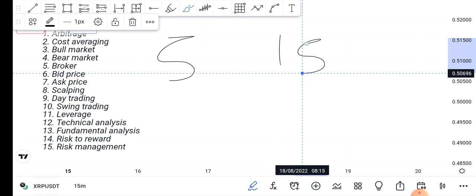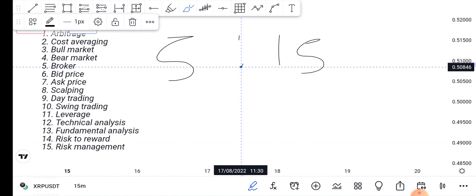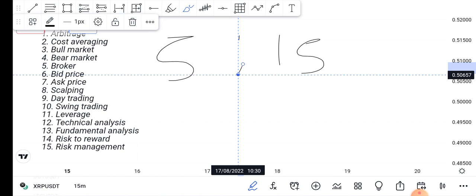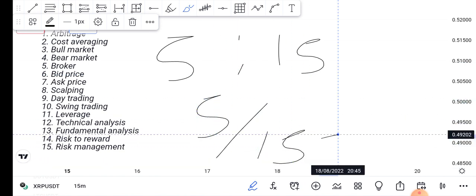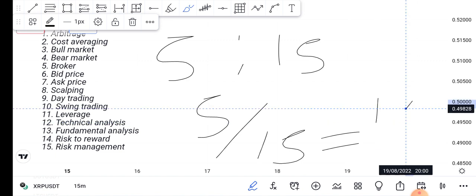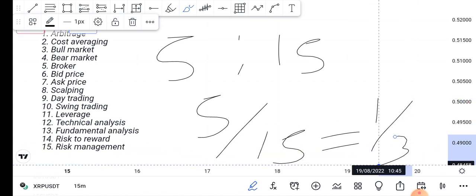If I change this into a ratio, it will be 5/15, right? What's it going to give me? 1/3. Meaning that if I risk 1 naira on this particular trade, how much will I be making? 3 naira. If I risk 10 naira, I'll be making 30 naira. So for everything I risk, this trade will offer me 3 times of it. That's what risk to reward is.